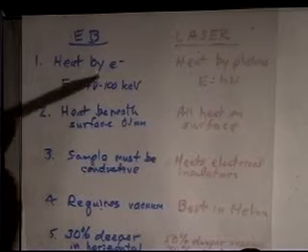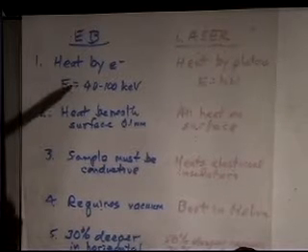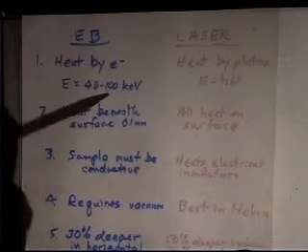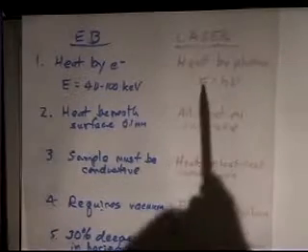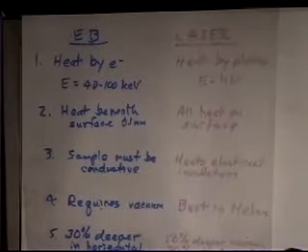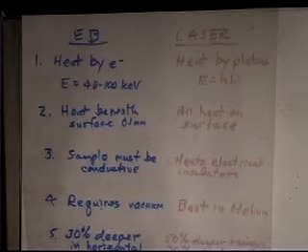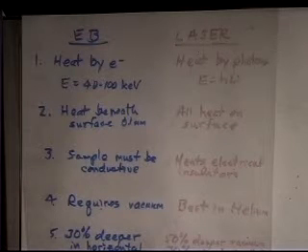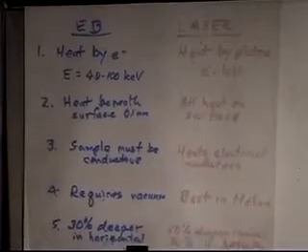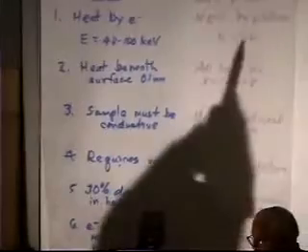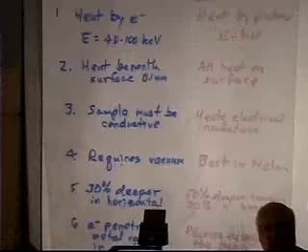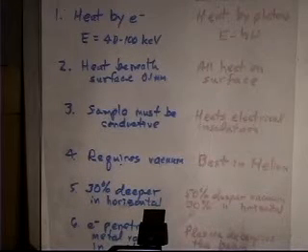The electron has an energy of 40,000 electron volts, or 100,000 electron volts: one electron times whatever the accelerating voltage is. The photon energy is on the order of 1 electron volt rather than 40,000. So there's a difference of about 50,000 in the energy of the, I don't want to call them particles.